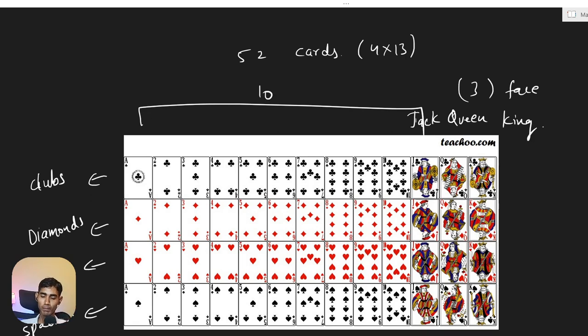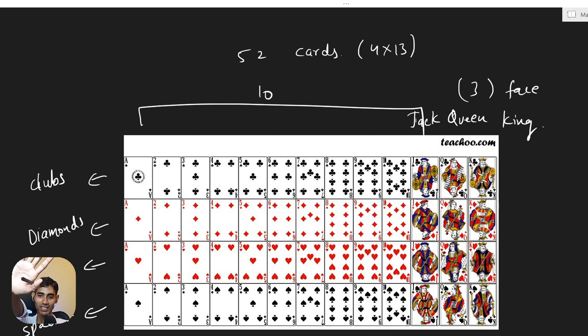So 10 plus 3, and you can see what is black, what is white, what is red. So how many black color cards? 26. How many red colored cards? 26.